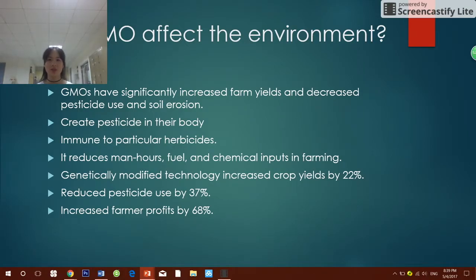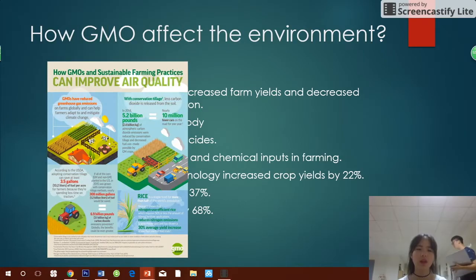Agricultural economists found that genetically modified technology increased crop yield by 22%, reduced pesticide use by 37%, and increased farmer profit by 68%. This is the image that shows the GMO's effect on the environment. GMOs can reduce greenhouse gas emissions and make a better farm.